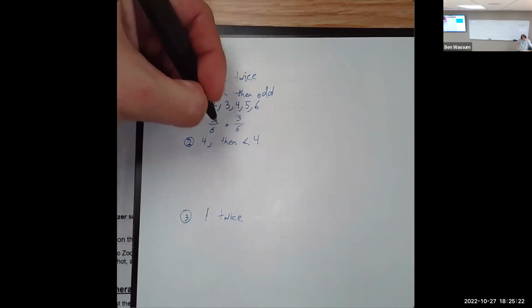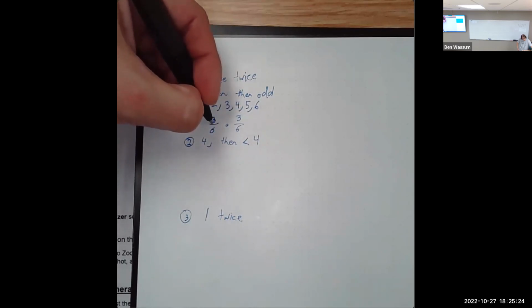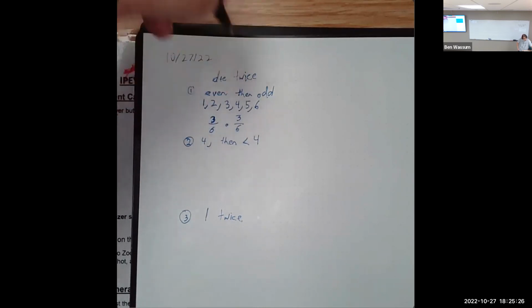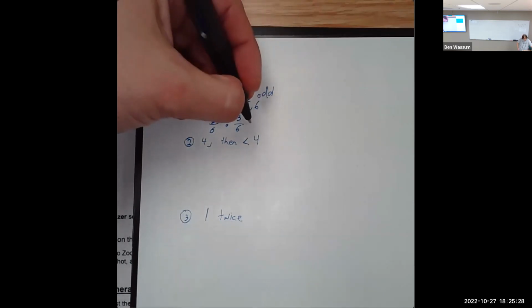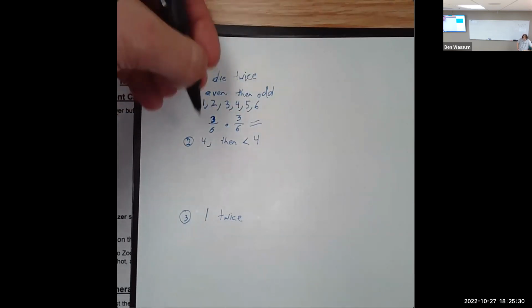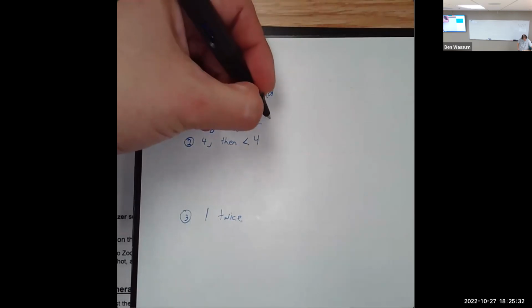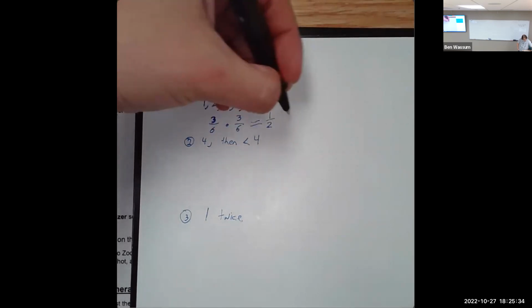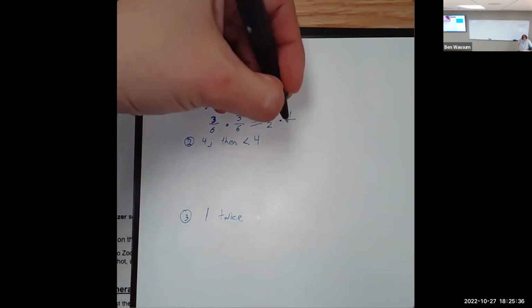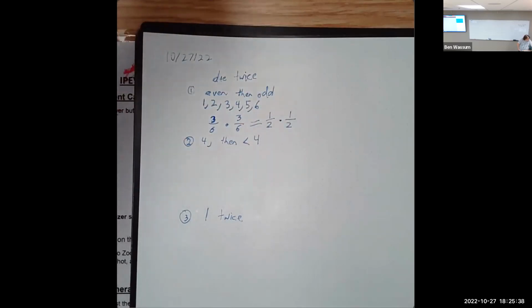Since we're looking for the probabilities of both events happening, we are going to multiply these two probabilities together. Now, before I do that, I'm going to reduce them because that's going to give me less of a headache. You can absolutely reduce early if you can.